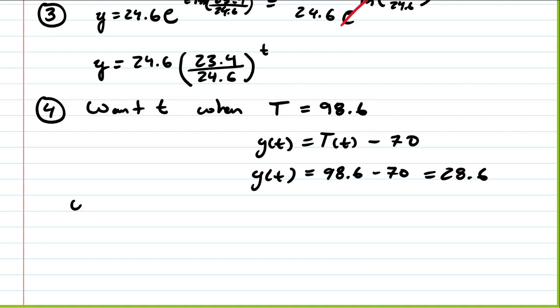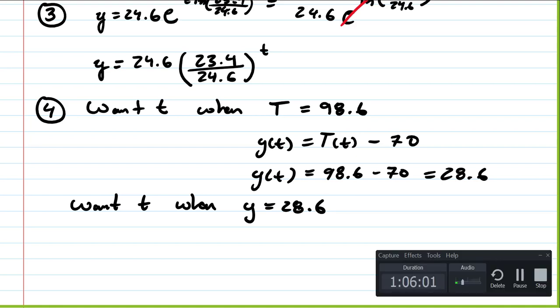So we want t when y equals 28.6. All right, I'm going to have to stop here because it is now 10 o'clock, but I'm 100% positive you can plug that in for y and solve for t, right? So at this point, I know you can finish up from there, so we'll call it a day.